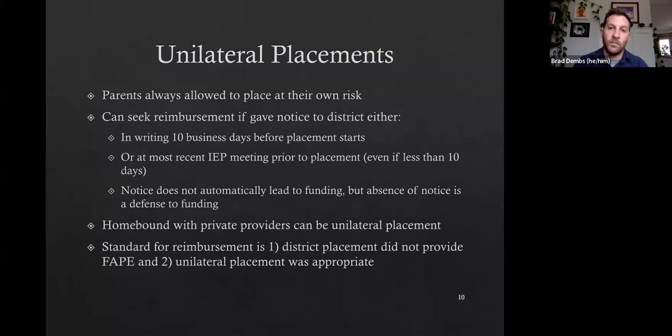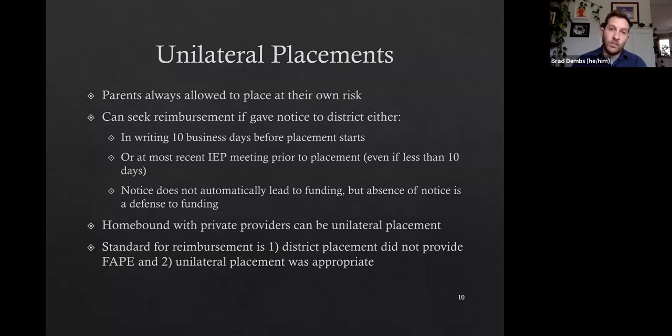Notice that you are making placement at a specific program, that you feel that program is necessary to provide your child with an appropriate education, and requesting that the district reimburse you for that. So it's important to provide that in writing, ideally 10 business days before the placement, and that will essentially open the door for you to pursue reimbursement from the district if they deny the placement.